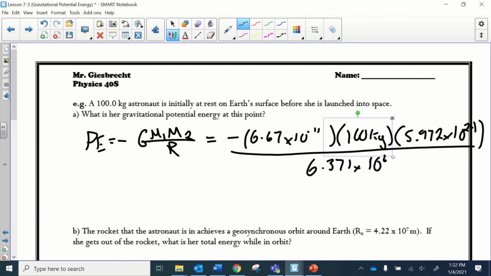Yeah, that works. I'm getting negative 6.25 times 10 to the 9 joules. We're talking about energy. Energy is always measured in joules.